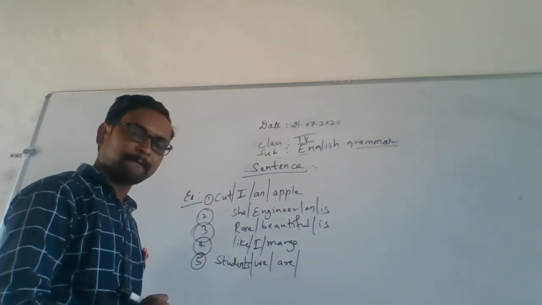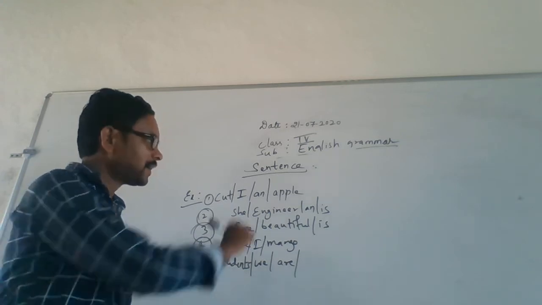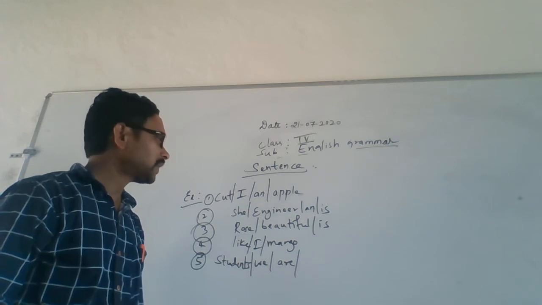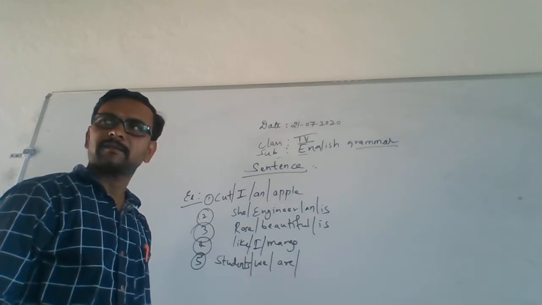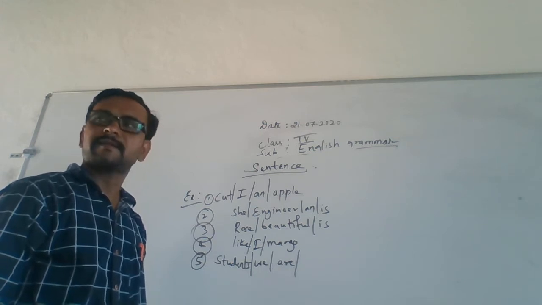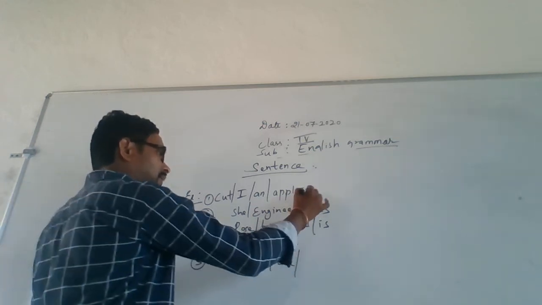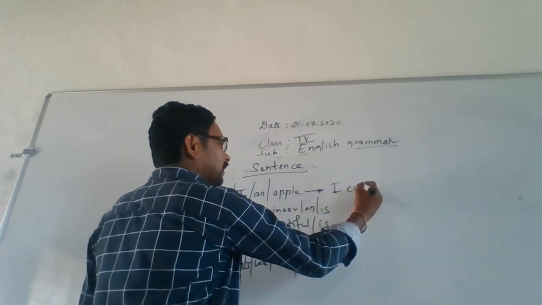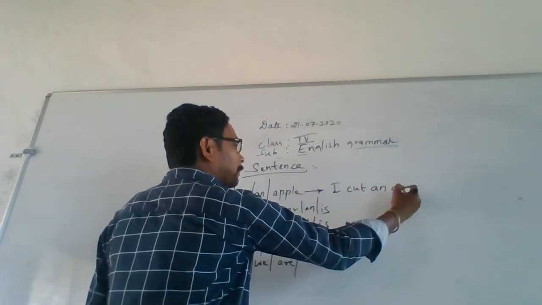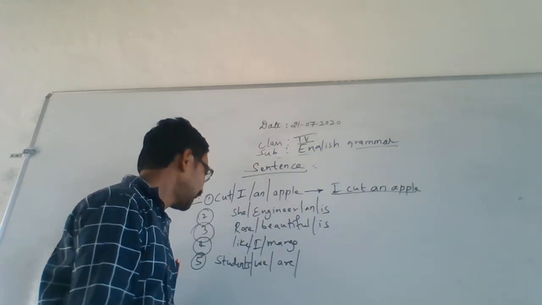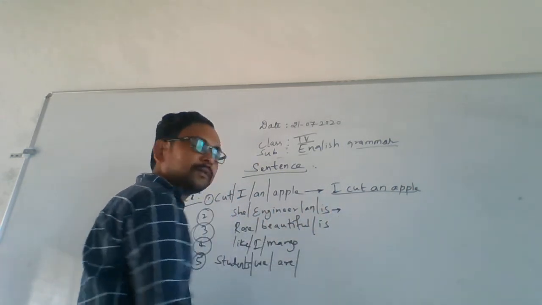Are all these correct? Tell me. First one, who wants to tell the correct one? How do you write it correctly? I cut an apple. Then the second one, who will do?